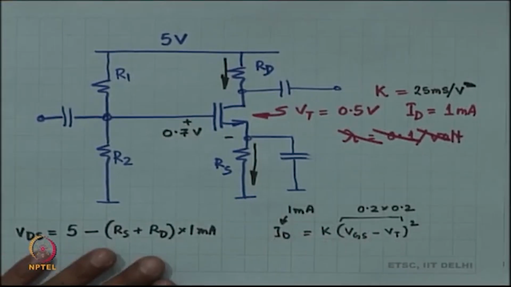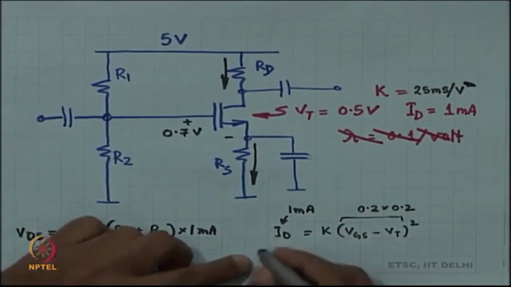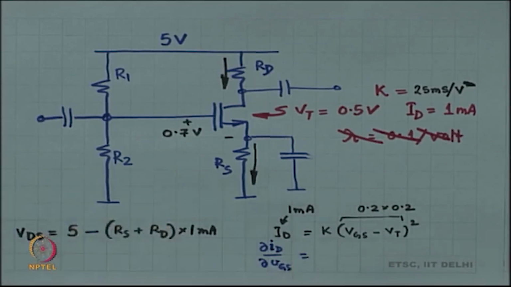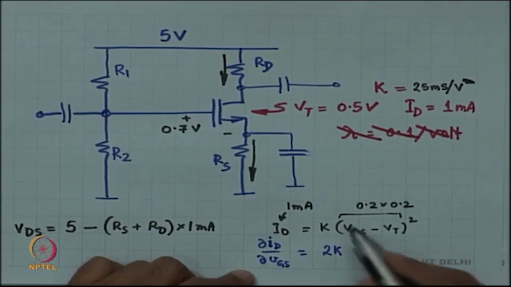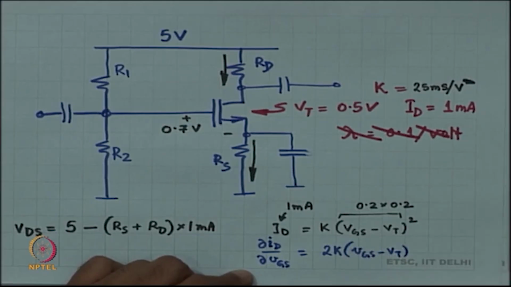And what is GM, by the way? ID is K times (VGS minus VT) the whole squared. So, GM is how much? 2K times (VGS minus VT), which was 0.2, right.